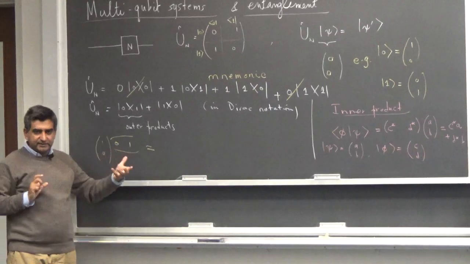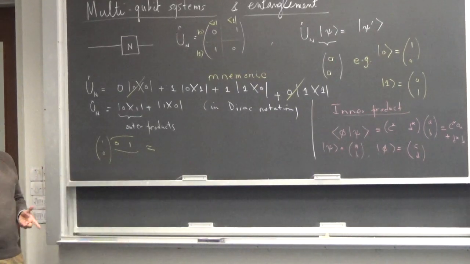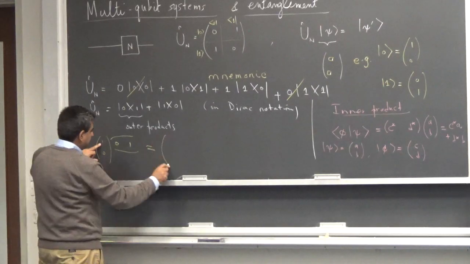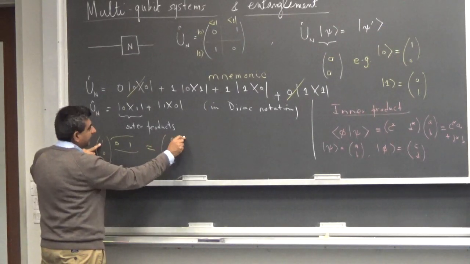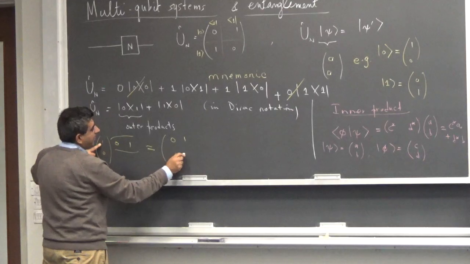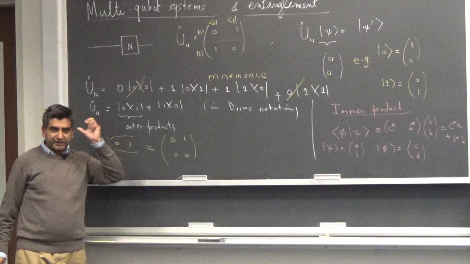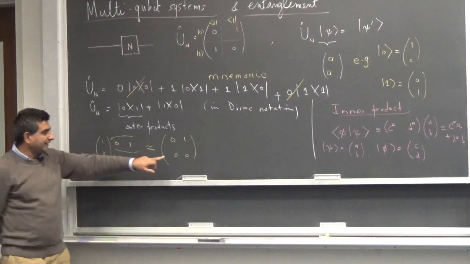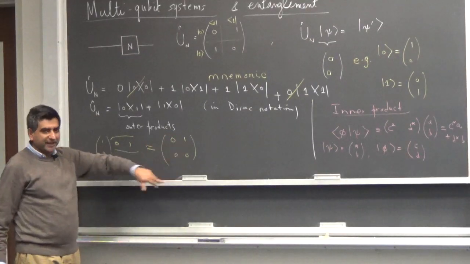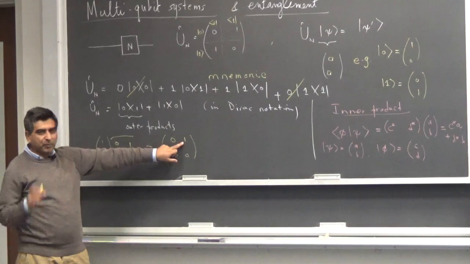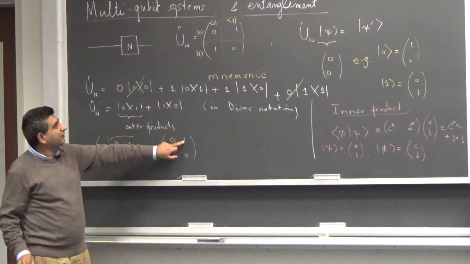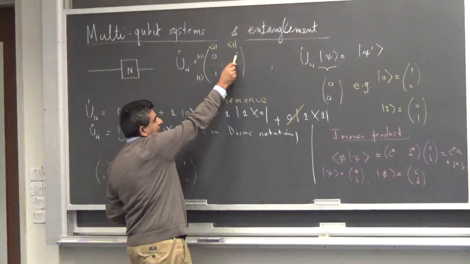Both of these elements are compatible for multiplication. So I do a straightforward multiplication, and I would get this. So this outer product corresponds to a matrix. And this matrix has zeros everywhere. It just has one at one position, and that one position corresponds to this coefficient here.